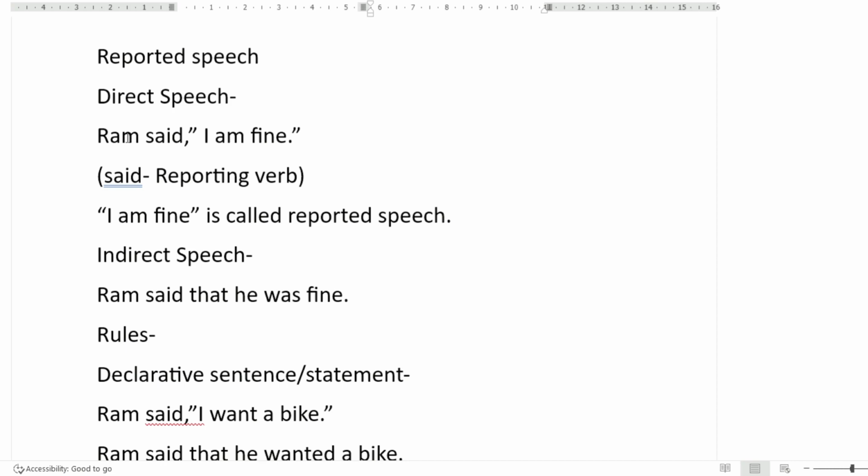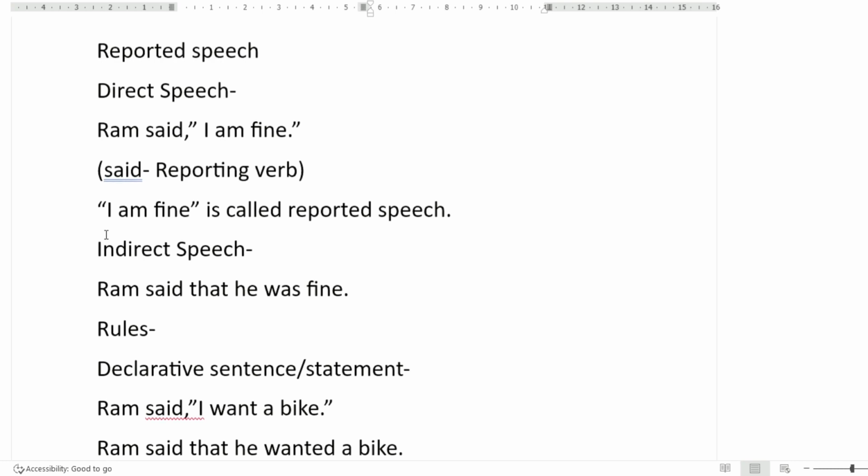As we can see in this sentence, Ram said, I am fine. Said is the reporting verb. And the part written within the inverted commas, the exact words spoken by the speaker, is called reported speech.